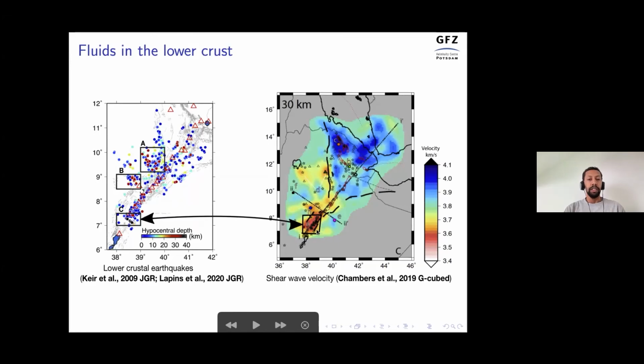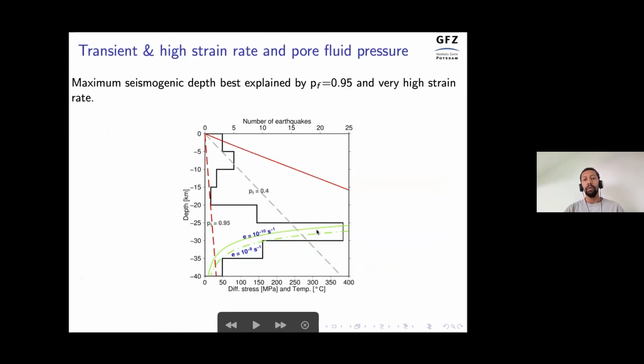So we simply increased the pore fluid pressure to near lithostatic state and again increased the shear stress. We have some geophysical observations that support our argument for the fluid. But for the strain rate, we don't have data that supports our argument.